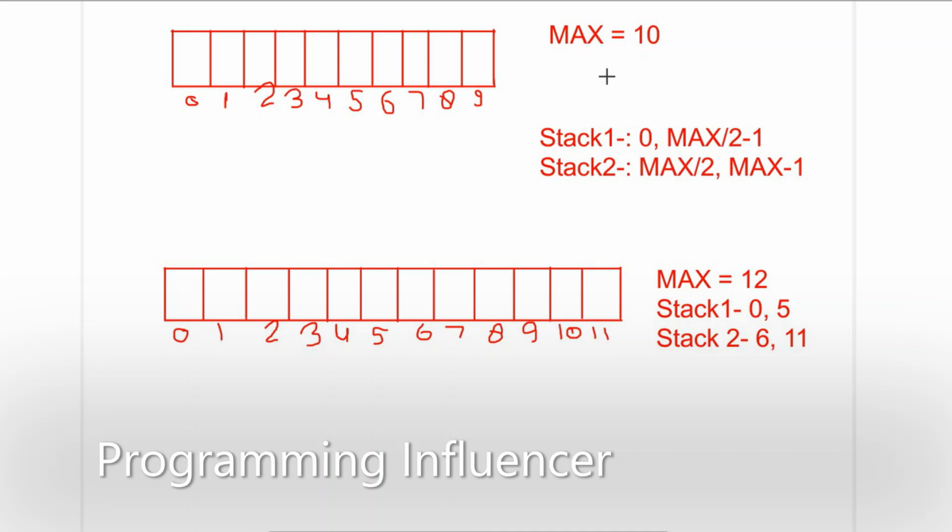That is, in this case 0 to 4, since max is 10 and 10 divided by 2 is 5, 5 minus 1 is 4. Stack 2 elements will be from max divided by 2 to max minus 1, meaning 5 to 9.